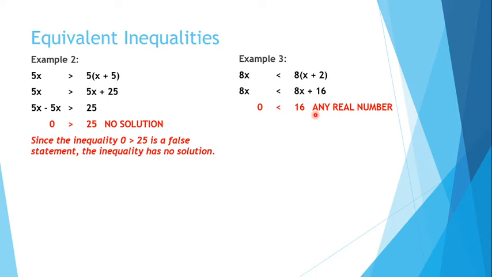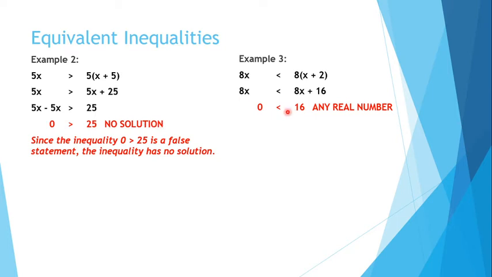Now, since this is a true statement, that only means that any real number that you substitute for x will always satisfy our inequality. So it is the opposite of our example 2. Since example 2 came up with a false statement, there is no solution for that inequality.